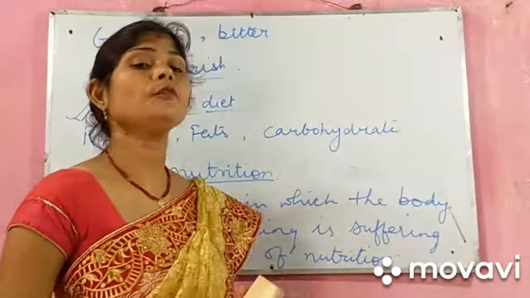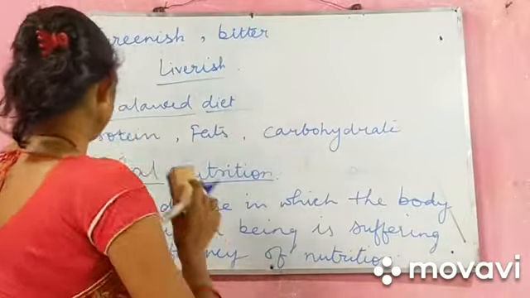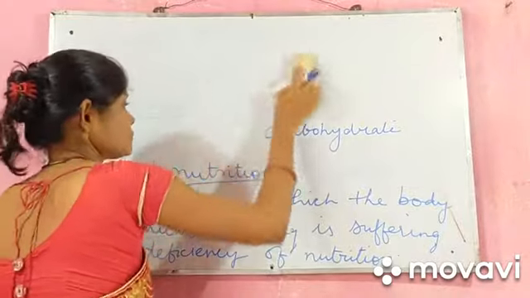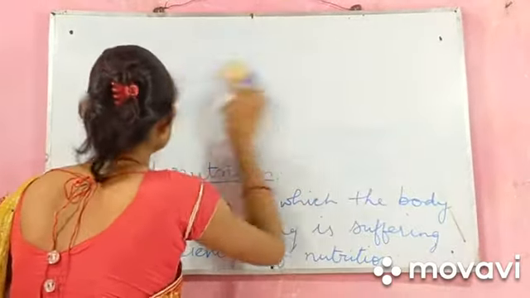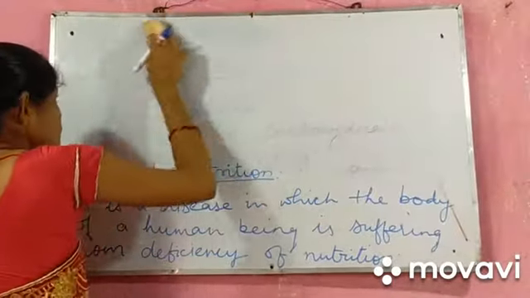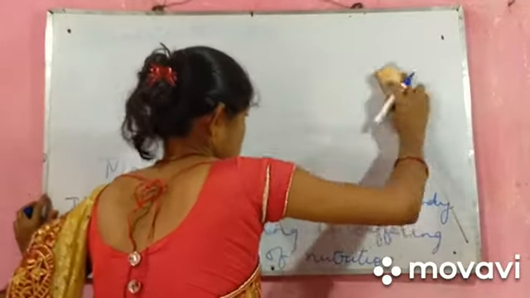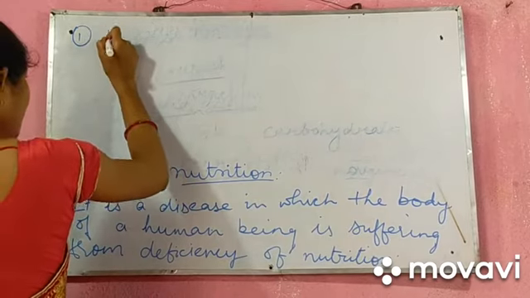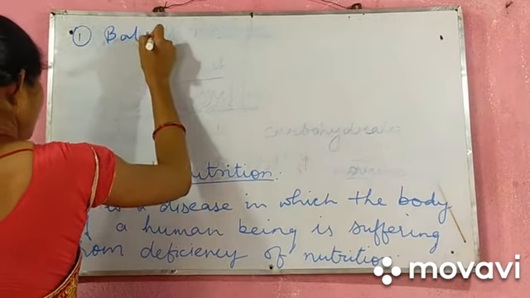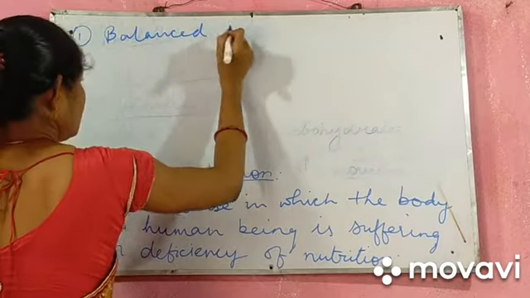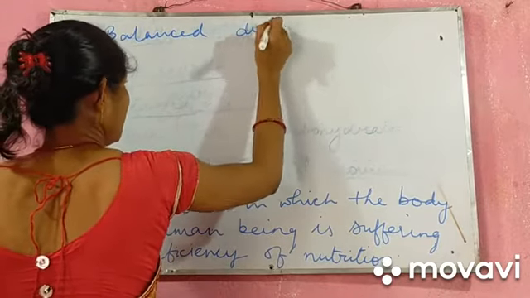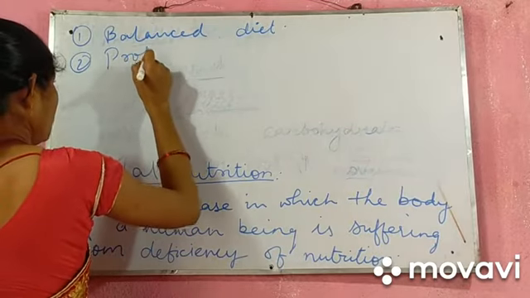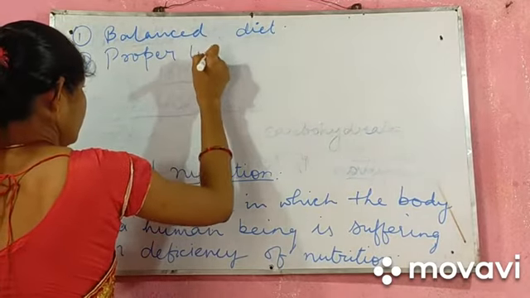So to get rid of malnutrition, what do we have to do? We should always take food in a balanced diet way. Number 2, take food on proper time.